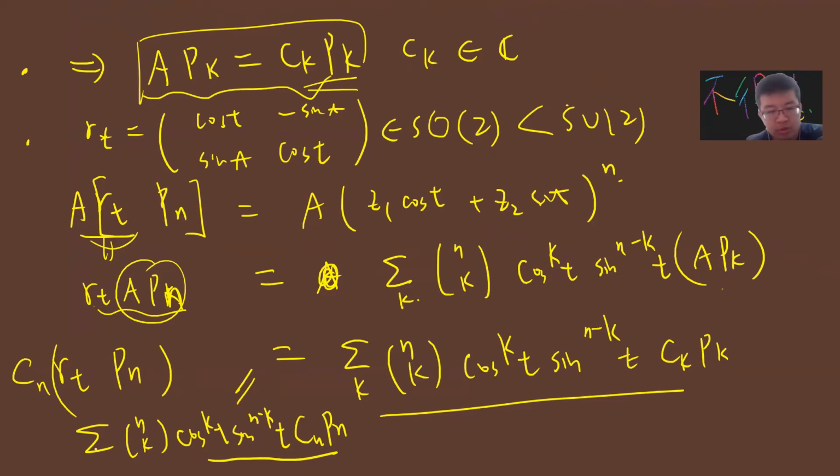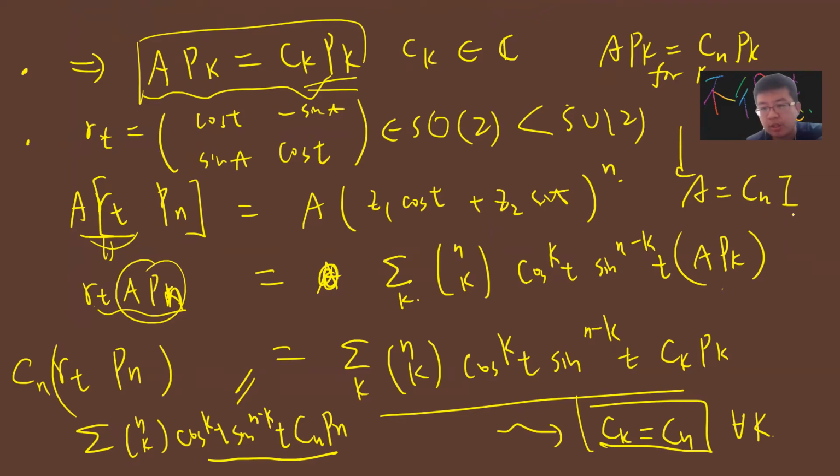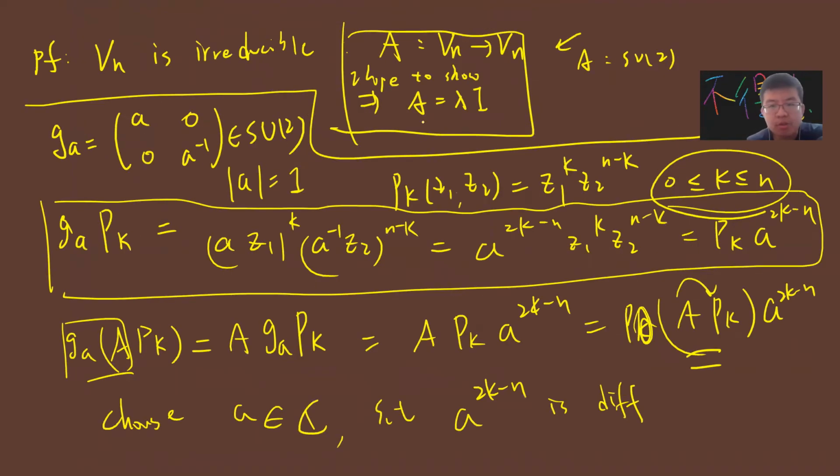So in order for these two equations to hold, every c_k must be the same as c_n, so c_k equals c_n for each k. This means A P_k is just a constant times P_k for each k, so A looks like c_n times the identity, which by Schur's lemma means Vn is irreducible.